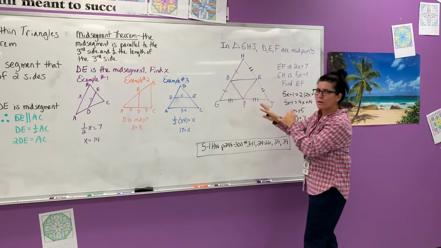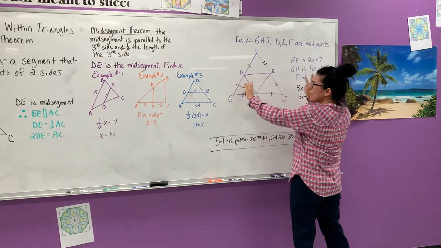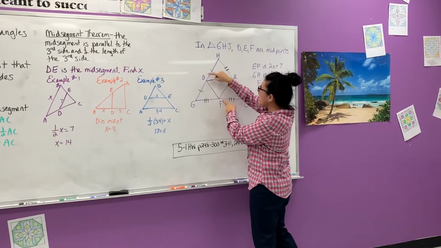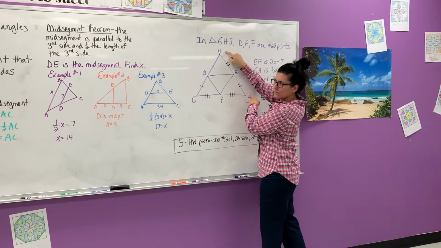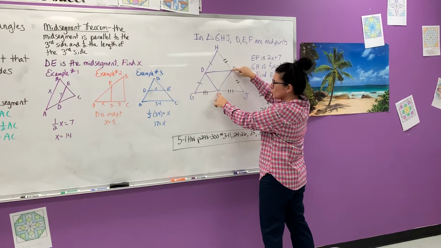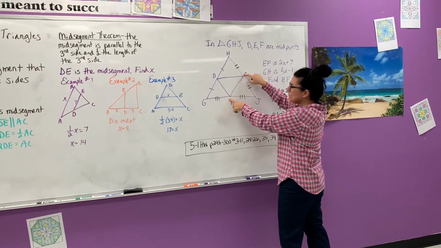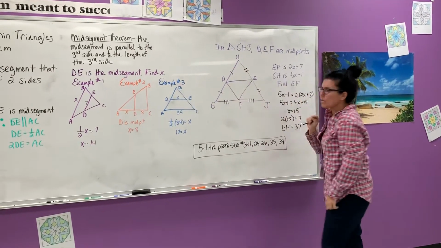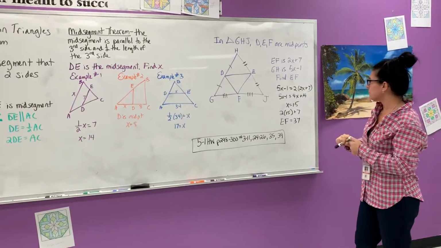Now there's a lot going on in this triangle. Before I even look at my example, I know that FD is a mid-segment, which is going to be half the length of HJ. I know FE is a mid-segment because it's connecting two midpoints, and FE is half of GH. So see everything that's going on in that picture that's important.